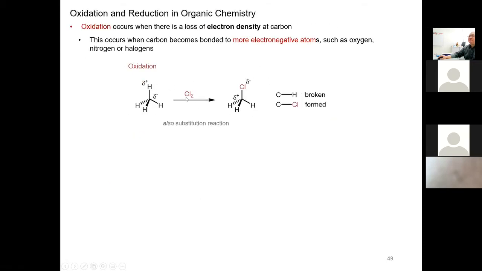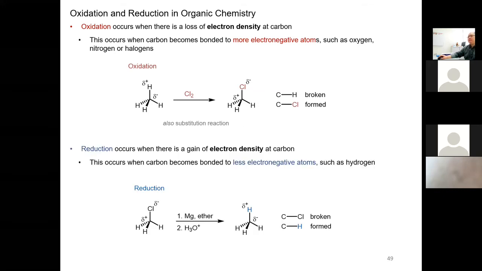So this H goes to chlorine and becomes HCl, and this chlorine goes to the carbon, now becoming here. It's a substitution reaction, but also because the carbon originally bonded to H is now bonded to chlorine, it's now bonded to more electronegative atoms. So this is also considered an oxidation. This reaction is both an oxidation and a substitution reaction.